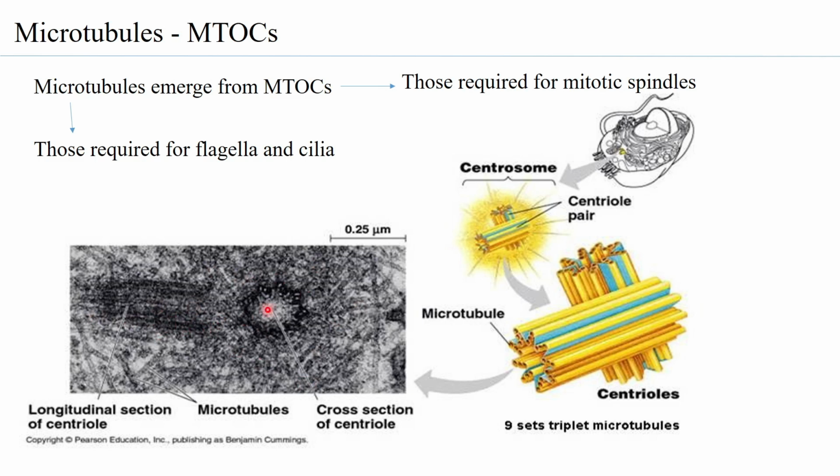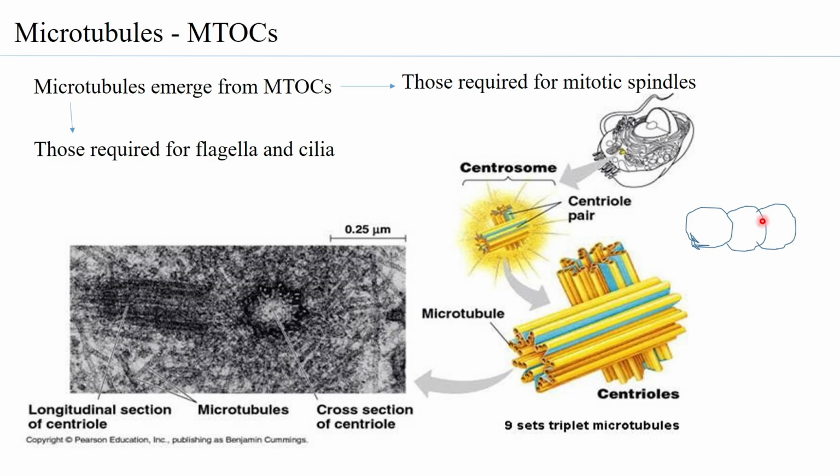If you look at the cross section of the centriole, you can see that it forms a pinwheel structure, made up of 9 sets of microtubules, and each set is a triplet microtubule. What do we mean by triplet microtubules? It means that one set is made up of 3 microtubules.